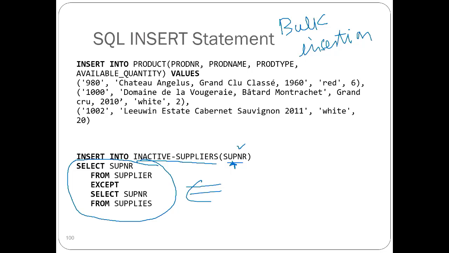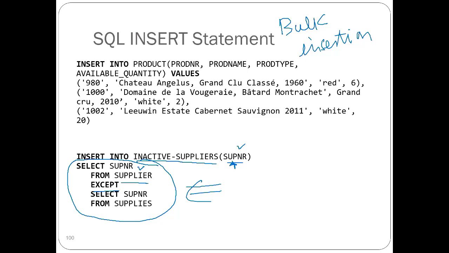Select supplier number from supplier except select supplier number from supplies. Good, right? So what did this query do? Well, we just learned about this query, right? Which I have in that box kind of thing, or circle you may call it, which will provide us the supplier number of the suppliers who have not supplied anything, right?